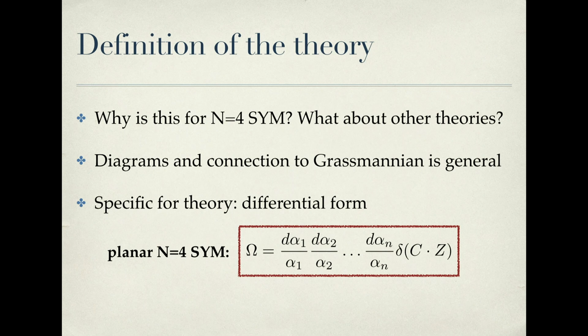Now, what is specific for the theory is exactly that formula. It's this form. I used f variables there, now I use alpha here. But it's saying how to calculate the diagram using the information about the C matrix. And again, as I said, this is a trivial delta function, and the purpose of the delta function is to reproduce momentum conservation in terms of lambda lambda tilde.